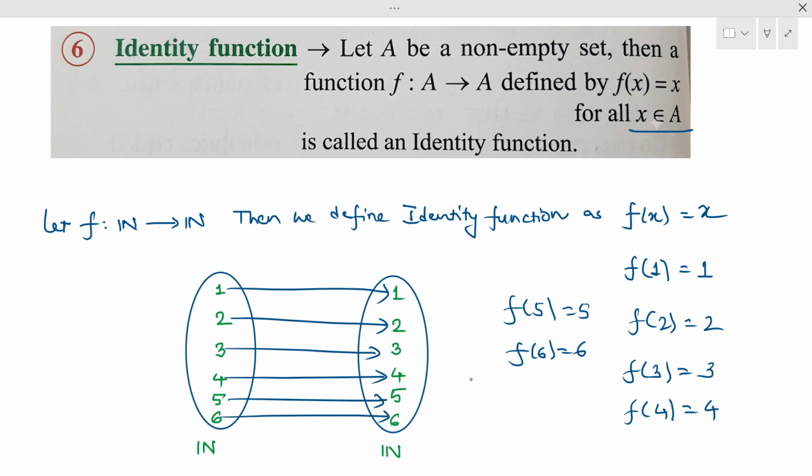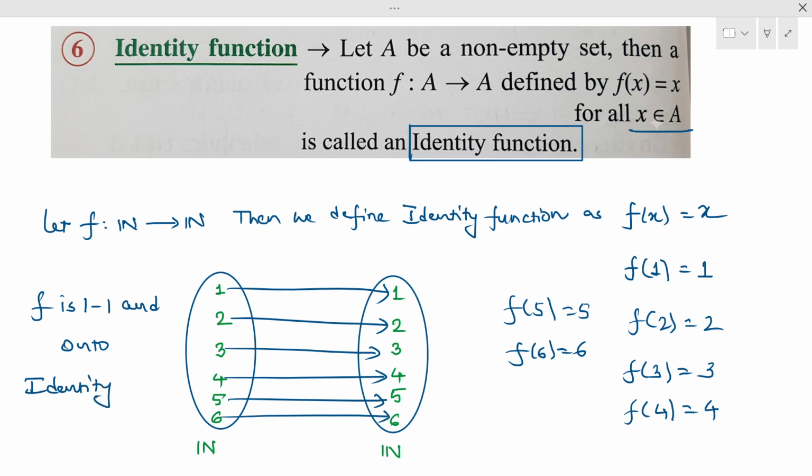If you see such a function, it is called identity function. Now, is it a bijective function? Definitely yes. Why? Because f is 1-1 and f is onto, which means the identity function is a bijective function, right? So keep this in mind that the identity function is a bijective function.